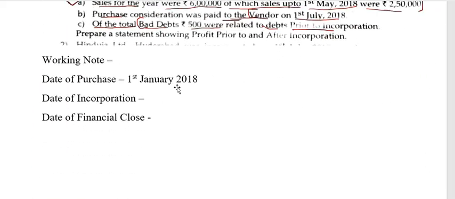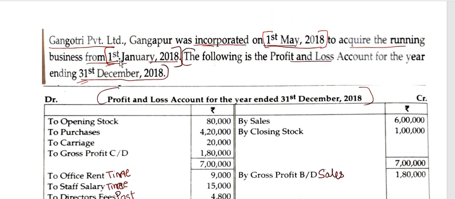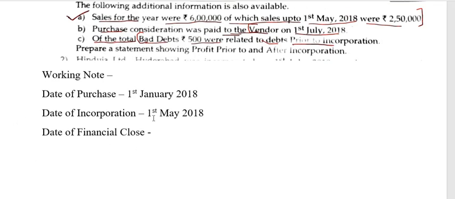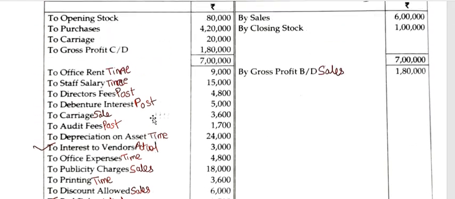Next date we have to find is the date of incorporation. So Gangotri Private Limited was incorporated on 1st May 2018. Next date we have to find is the date of financial close, means when this financial year ended.